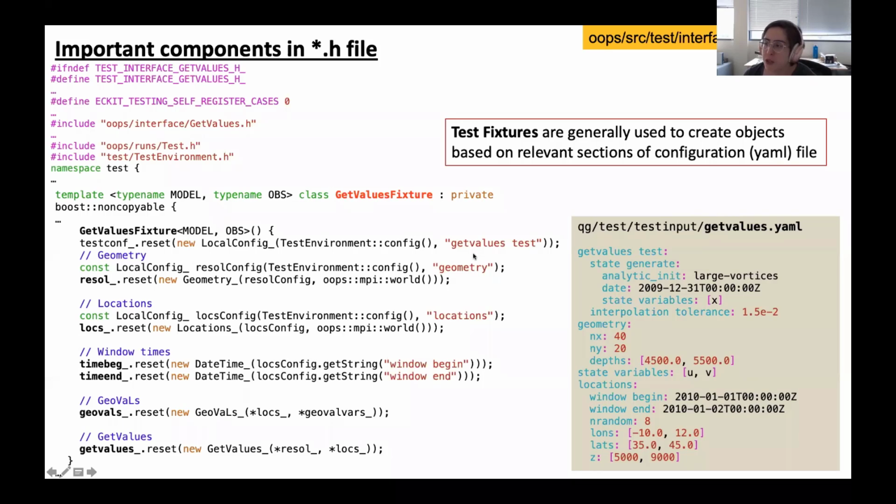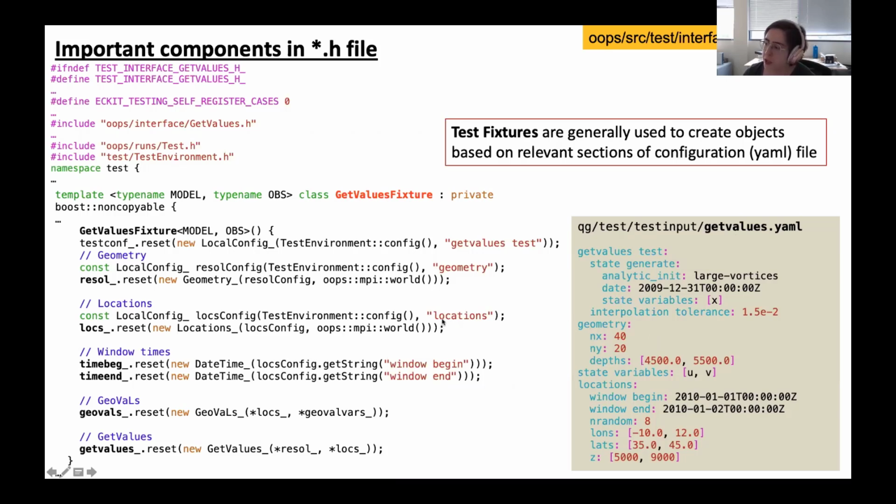Here we read from the YAML file all the variables that are going to be important for this test. For example, in this section we are using geometry, and we allocate this resolution object that will point to this geometry value. This geometry value corresponds to the geometry section in the YAML file.